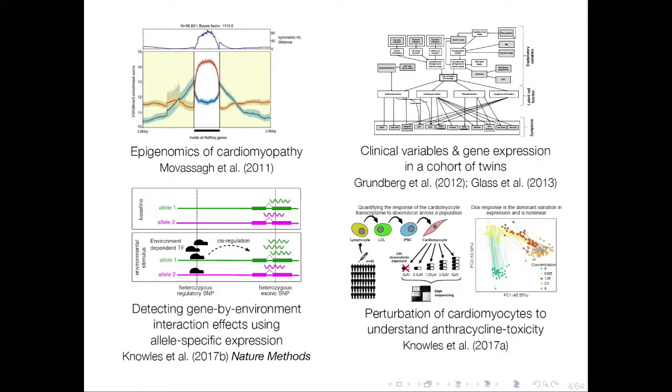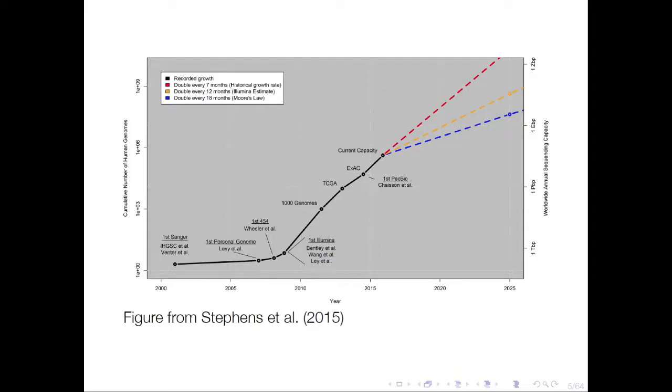I want to motivate, for the more computationally minded people in the room, why it's a really exciting time as a computational scientist to be thinking about problems in biology. A big motivation is that the scale of data being generated in genomics is really exploding.